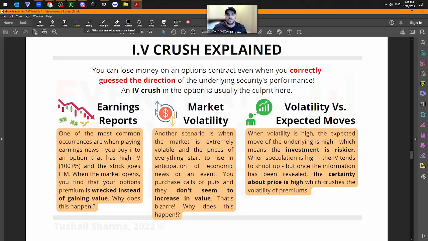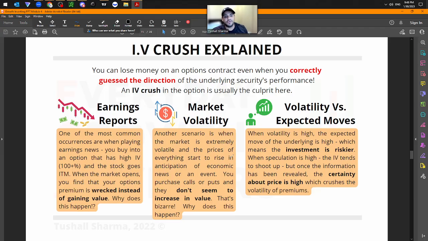So if there are not many people who want to get in and a lot of people holding the contracts, there's too much demand and no supply, then prices cannot rise of those contracts, right? So that's the culprit. And then when Tesla moves just slightly down, everybody throws the contracts away and then your IV gets crushed again. So that's scenario number 2, right?